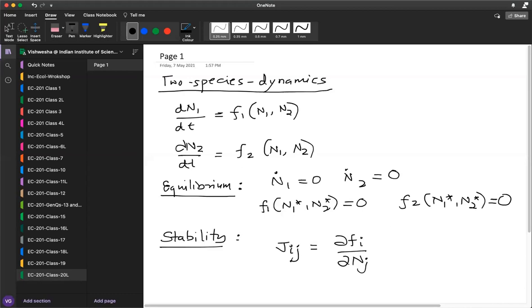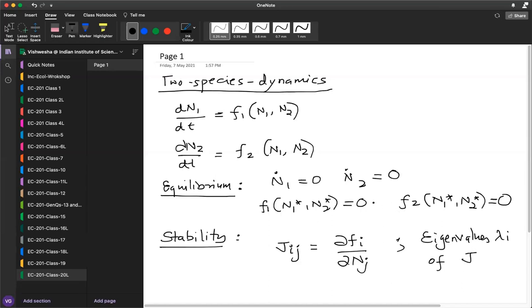The matrix element Jij is the partial derivative of fi with respect to nj, and then you look at the eigenvalues of the Jacobian matrix J.